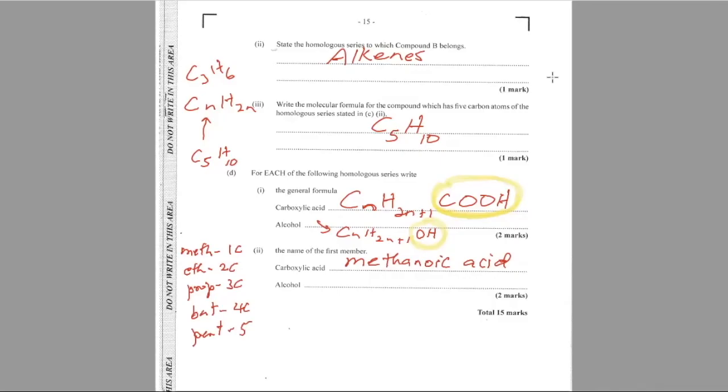Now, when you're looking at the alcohols, we're just answering, we're not going into a lesson. The first one would be methanol. The second would be ethanol. The third would be propanol. The fourth would be butanol, and so on. So just like that, you would have amassed another 15 marks. So one step closer to us getting our.